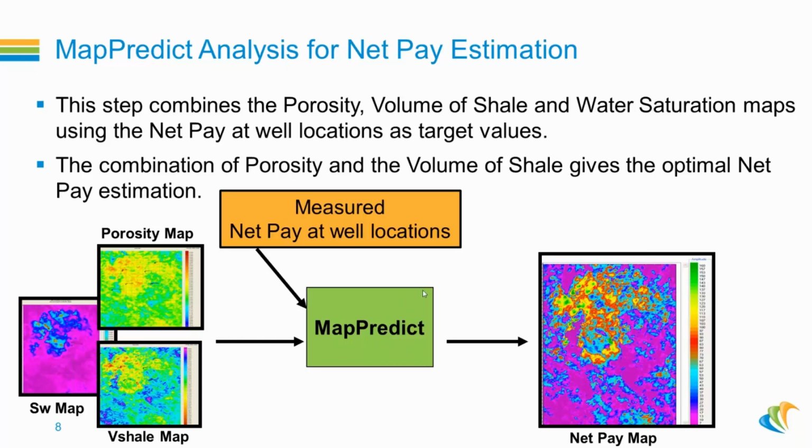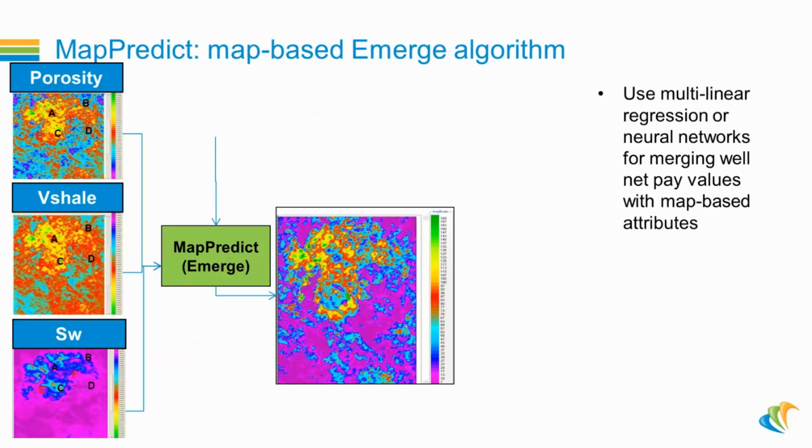So I need to have input wells with net pay values in them in order to combine those input values with the map-based information and predict the final map. When I ran the analysis, we found that porosity volume and volume of shale were giving us the best optimal net pay estimation.